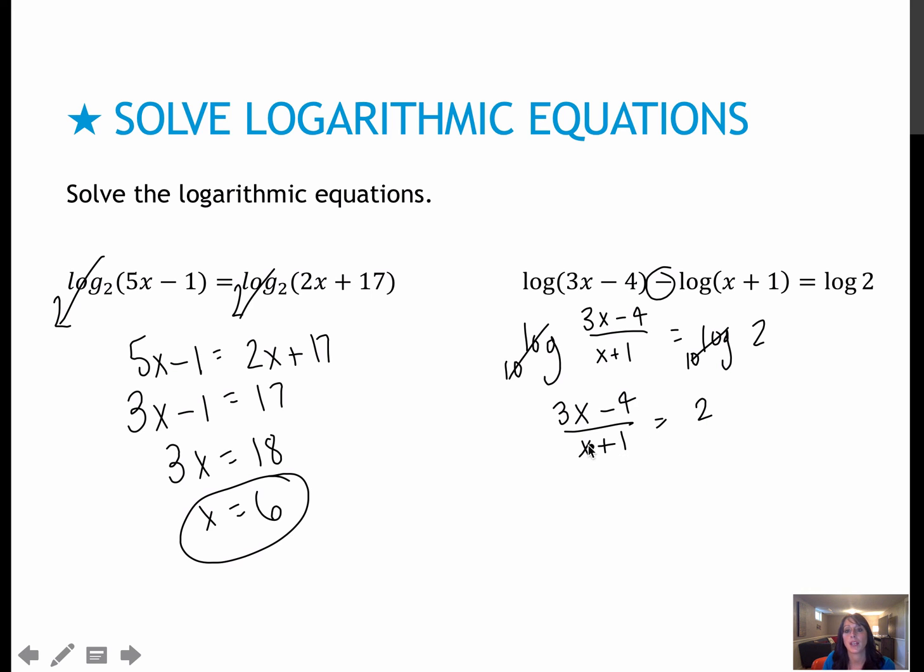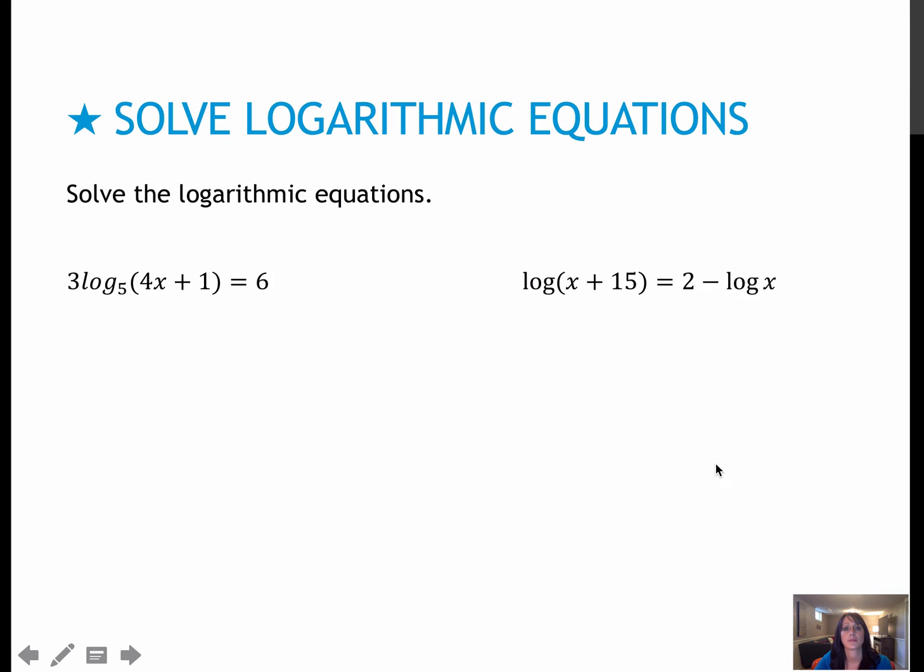I, of course, would then multiply each side by x plus 1. And I went ahead and distributed in that same step, which you can do or not do, it's up to you. I'm going to subtract 2x from each side. I'm going to add 4 to each side, and I get x equals 6. Plugging that back in, I find that those are positive values, and so that is my correct solution.